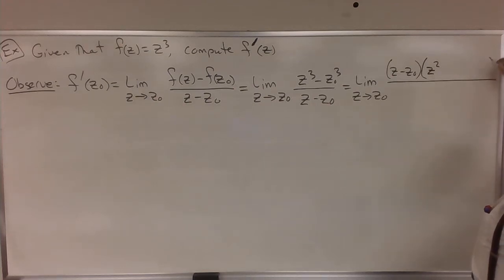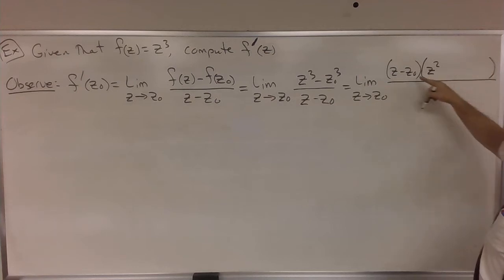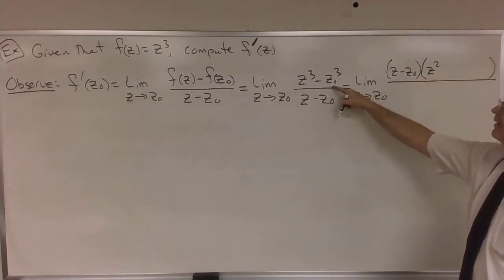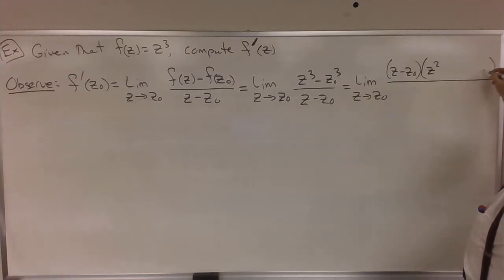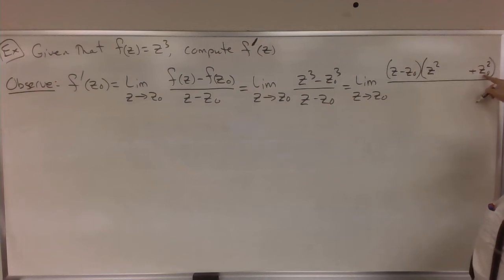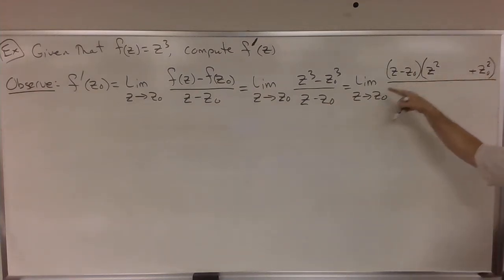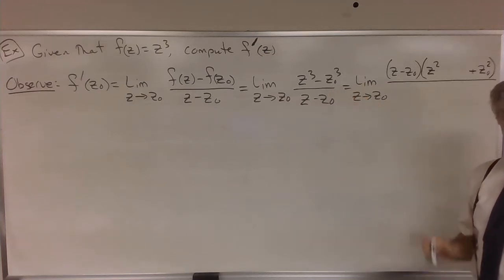And whatever goes here has to be such that when I multiply it by negative z naught, I get negative z naught cubed. So I guess z naught squared will go here. Z naught squared times negative z naught cubed looks good.